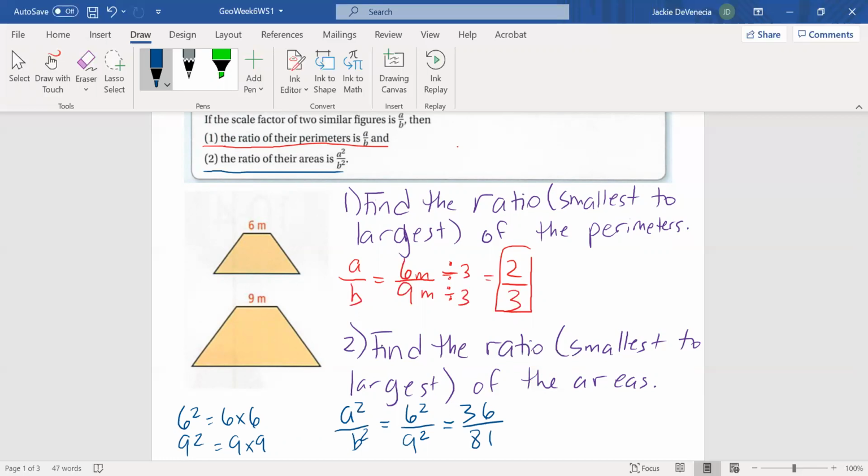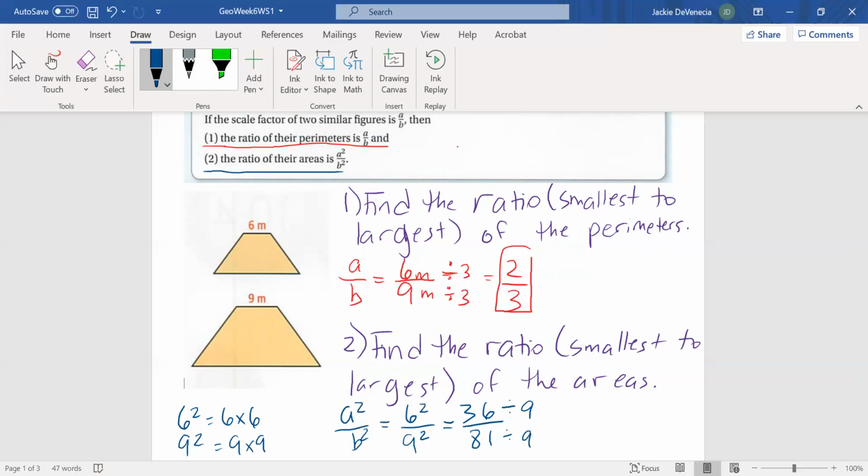Now, for this over here, we could simplify this, right? So 36 and 81, if we think back, both of these are in the 9 times tables, so I can divide both of them by 9.